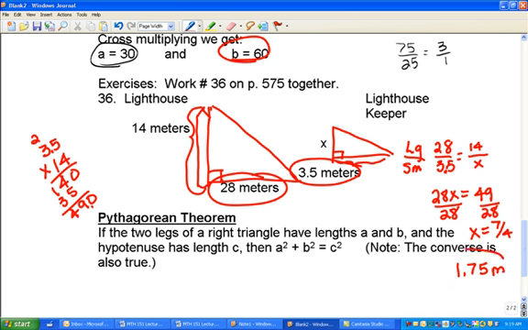So I come up with the lighthouse keeper being 1 3/4 meters tall.